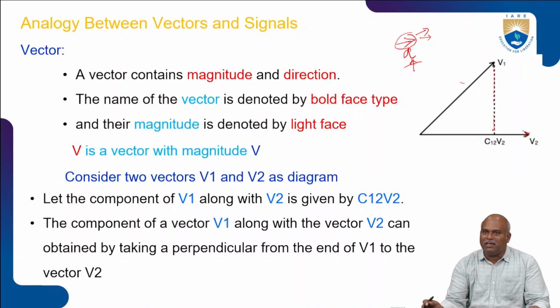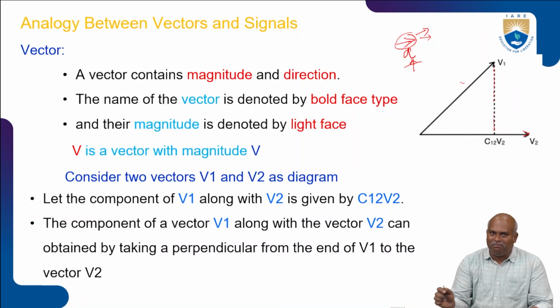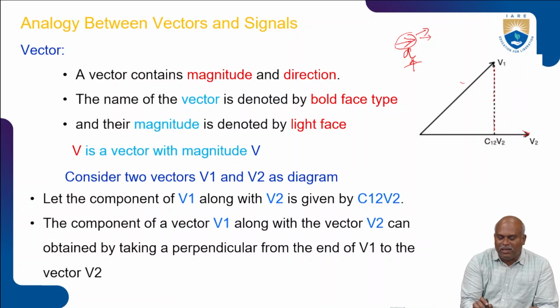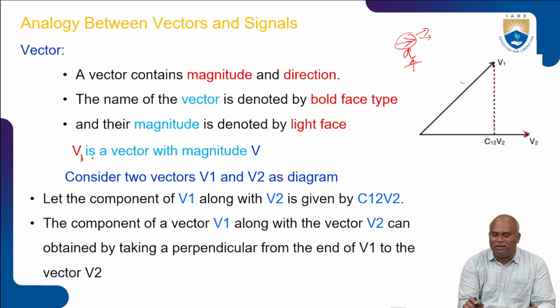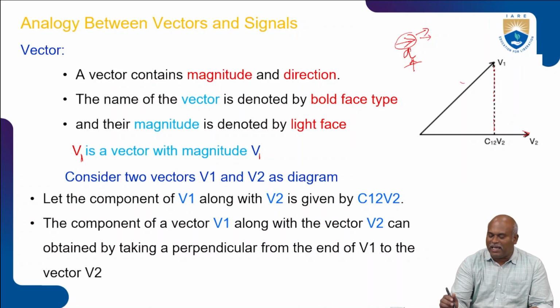I put a dotted line, and this dotted line I consider as the vector magnitude. So V is a vector with magnitude, written as V. This is V1, and the vector value I represent as V1 here. Based on this condition, consider two vectors V1 and V2 as in the diagram.